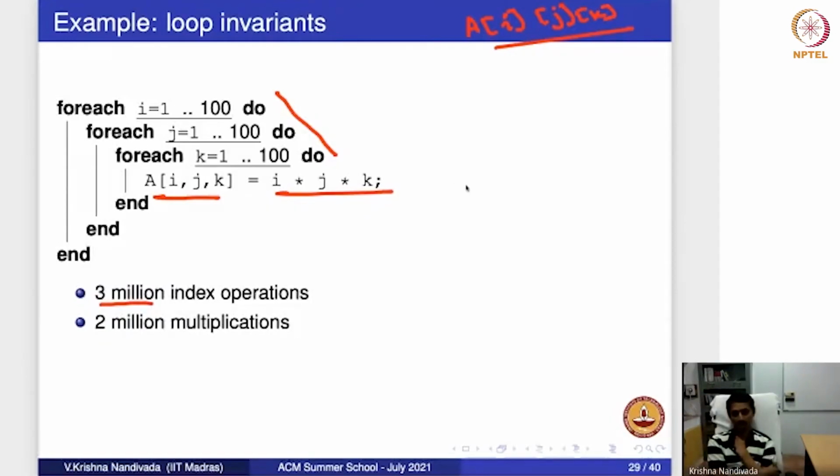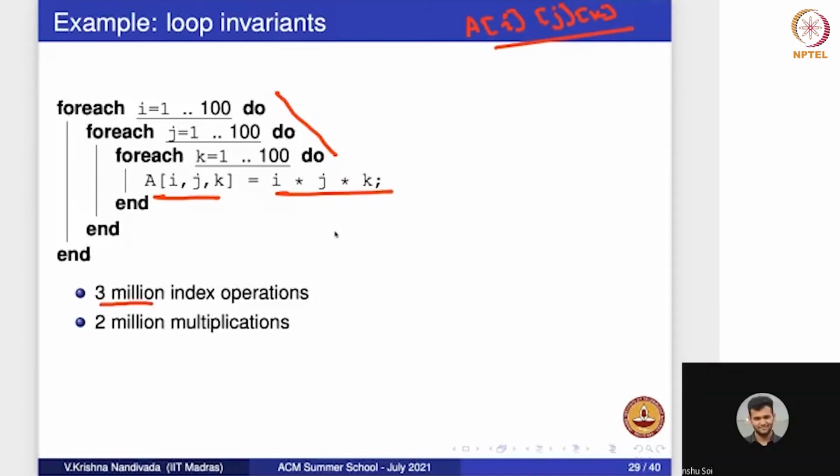Be ready for a shock now, okay? Within 10 minutes, if you're not shocked, let me know. Are there any loop invariant codes here? Or rather loop invariant expressions here? I and J are invariant for the K loop.